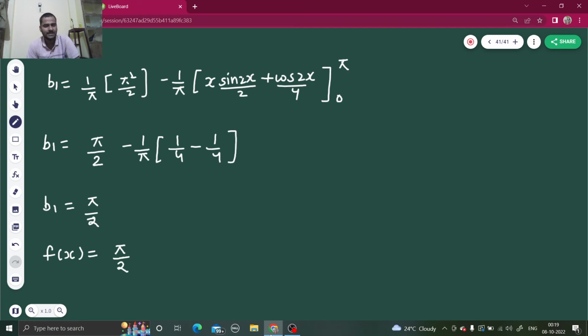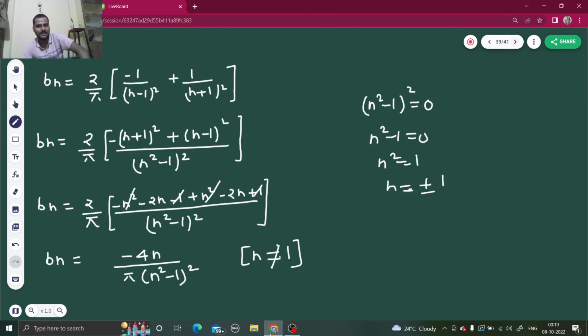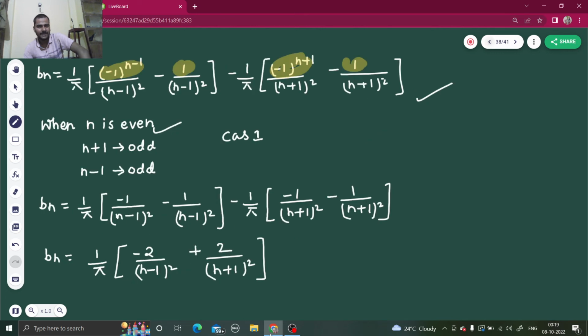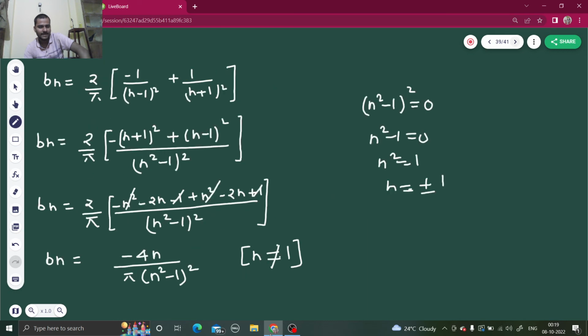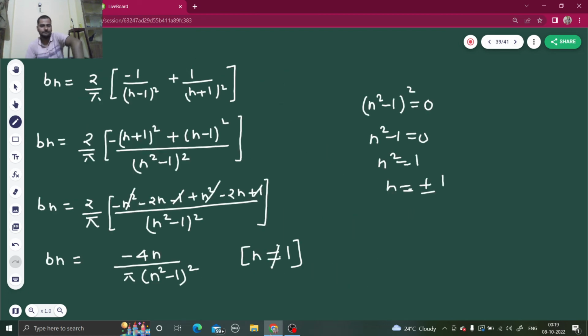So sin nx, put n equals to 1, so that will be sin x, plus summation, again summation n equals 1 to infinity. 1 we have already taken, and also we have a condition that when n is even, then only it is giving some value. So when n is even, then it is given as minus 4n by pi (n square minus 1) square. Okay.